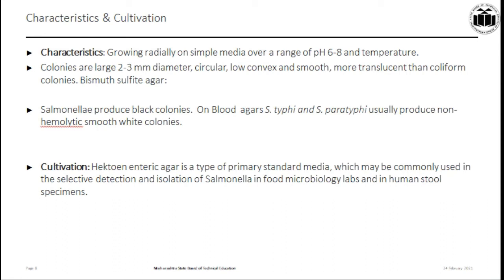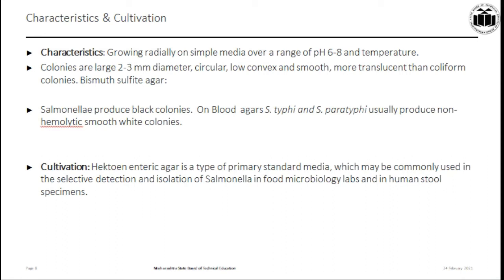When we incubate the Salmonella on such media, it gives us colonies up to 2 to 3 mm in diameter, which are circular, convex and smooth in texture. Salmonella can also produce black colonies when it is grown on blood agar plates.